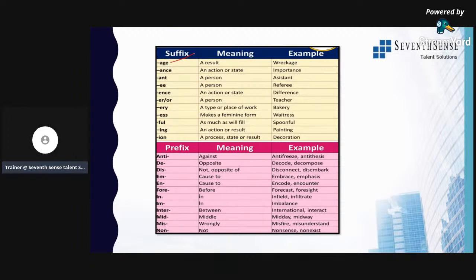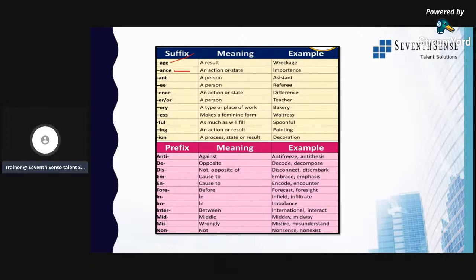See, -age, like percentage, package, shows a result, the final effect, the final conclusion. Some suffixes and prefixes have different meanings, and we have to learn those meanings. If you learn them, it will definitely be easy to find the meaning of any unknown word which you are not aware of.